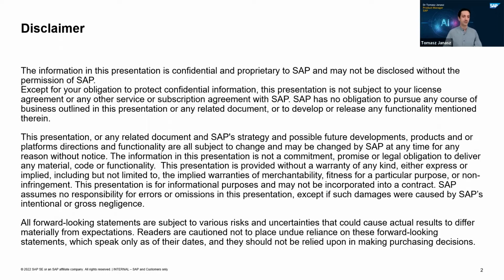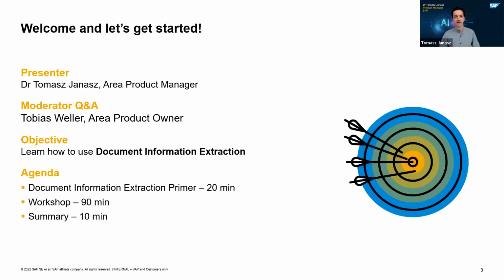All right, so after this official part, let's move on to the agenda. My name is Tomasz, and I am the area product manager in the space of AI business services at SAP Product Engineering, and my focus is primarily on optical character recognition and business document processing.